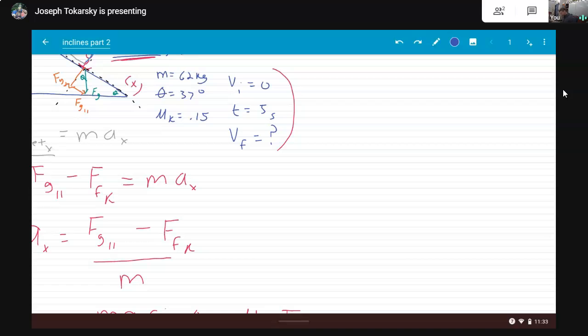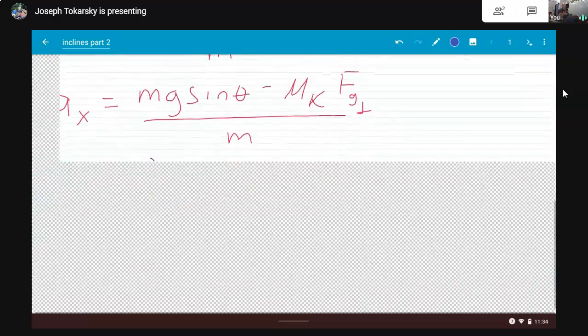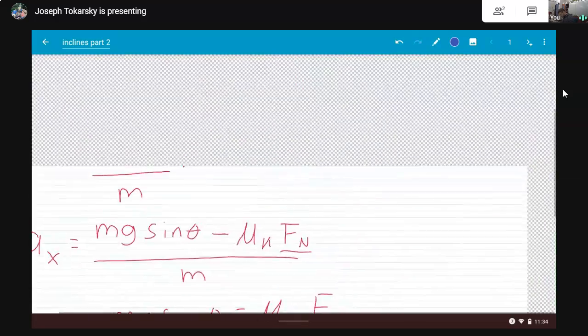So I've got to use the formula Vf equals Vi plus a times t. There we go. It's already solved for Vf, so we just plug in the numbers. Vi is 0, so it's really just a times t, which is the 4.72 that I got down here.